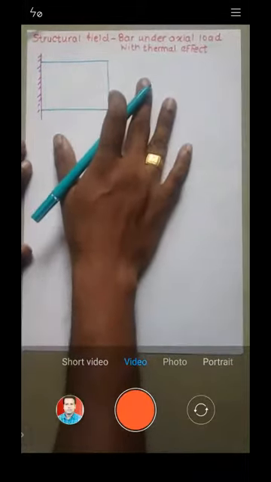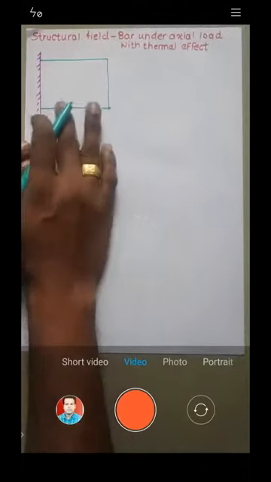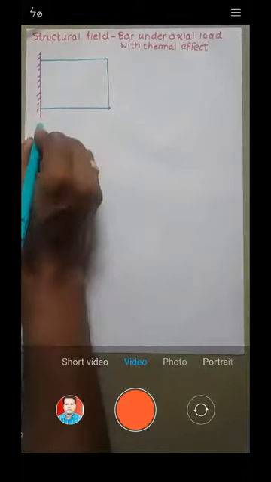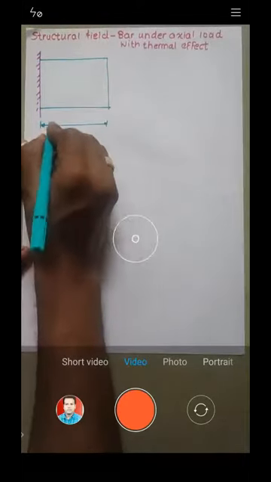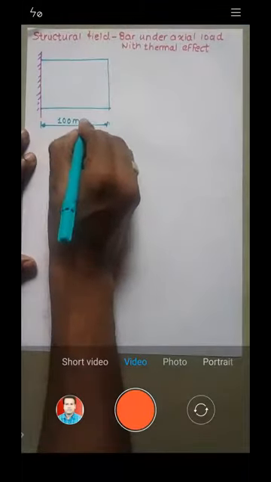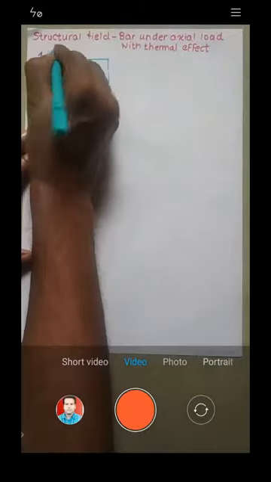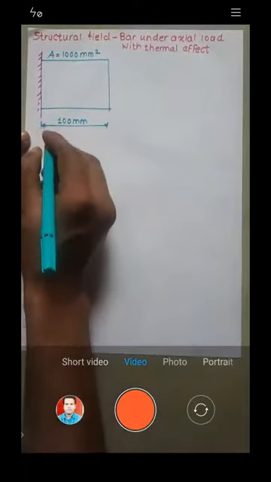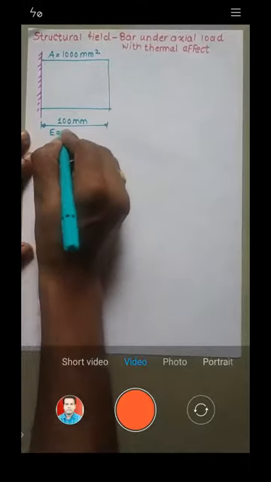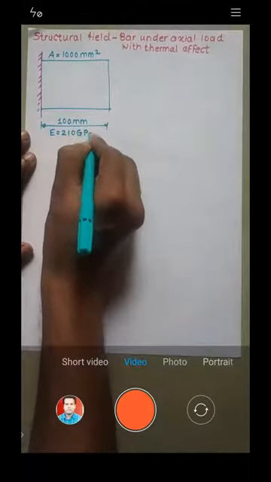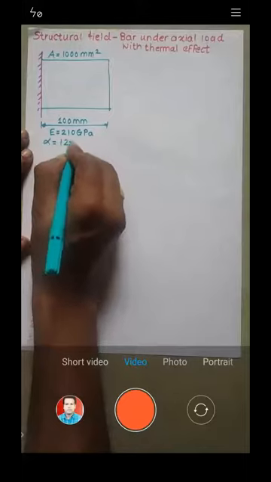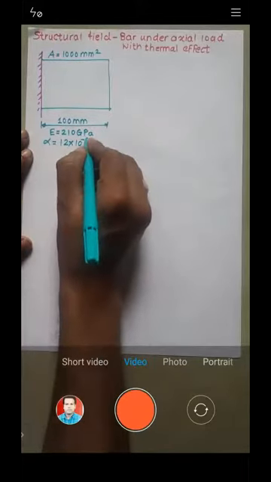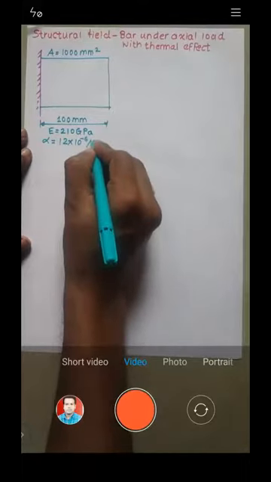Right? Okay. So we have this stepped bar of length 100 mm, having a cross section area of 1000 mm square, made up of a material with value of E as 210 gigapascal and value of alpha as 12 into 10 raised to power minus 6 per degree Celsius.